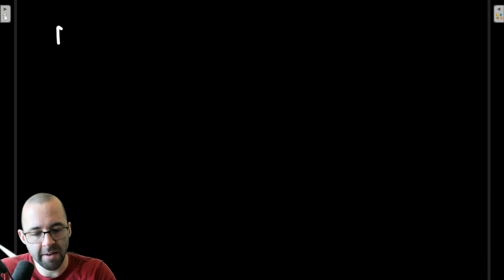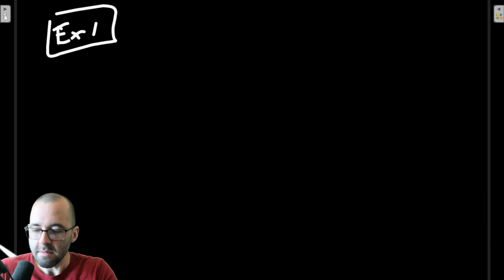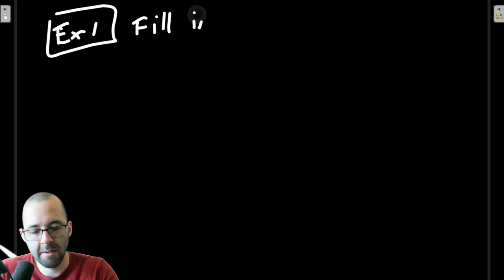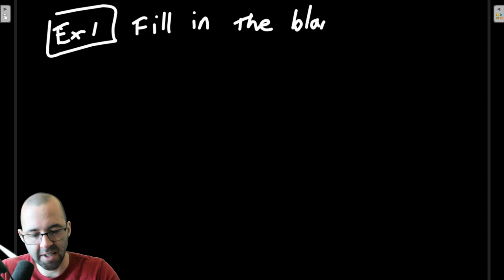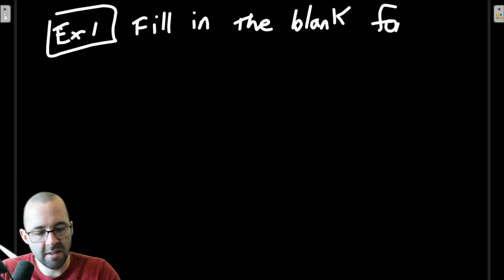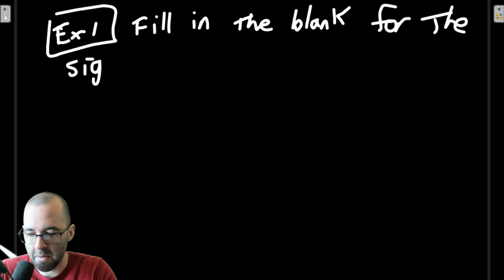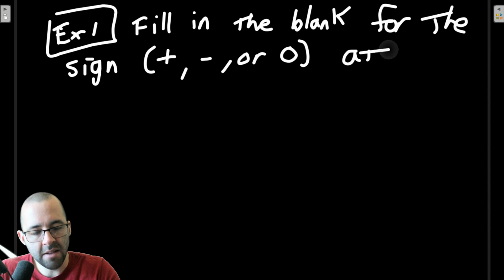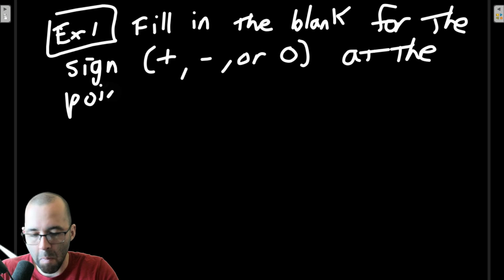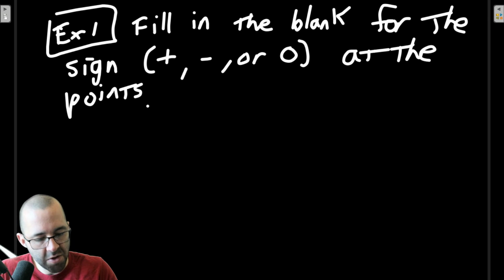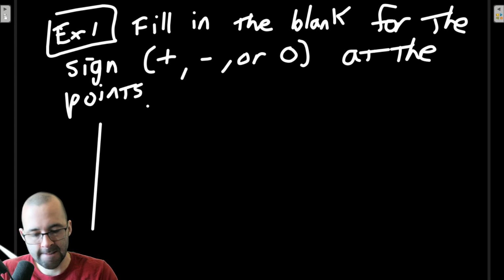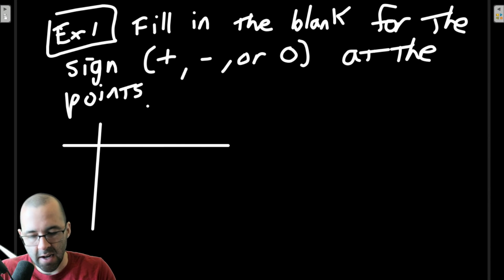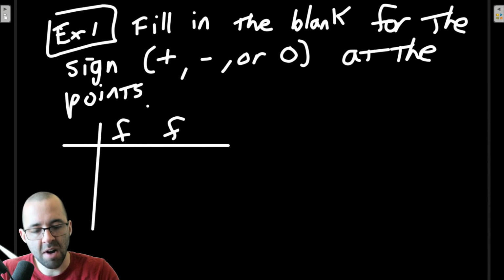Here we go, example 1. Fill in the blank. I like fill in the blanks. Fill in the blank for the sign: positive, negative, or 0 at the points. The book gives you a table here, and I want you to look at f, f prime, and the second derivative at 3 different points.